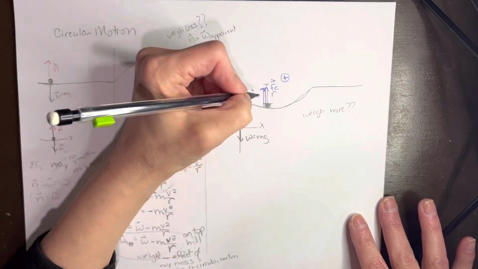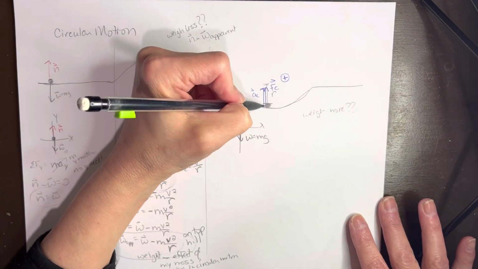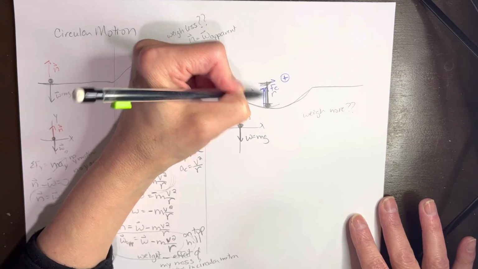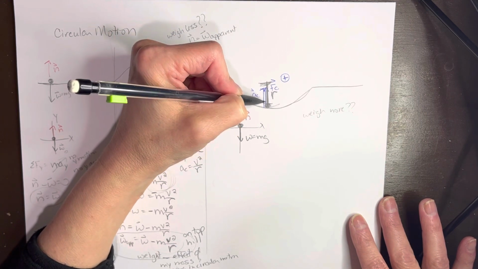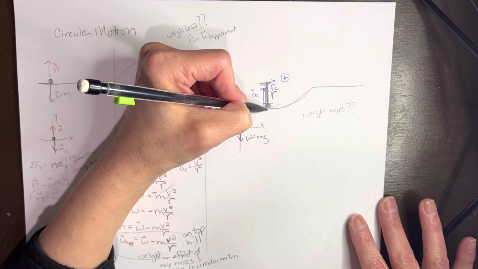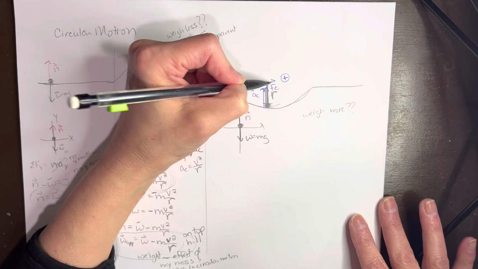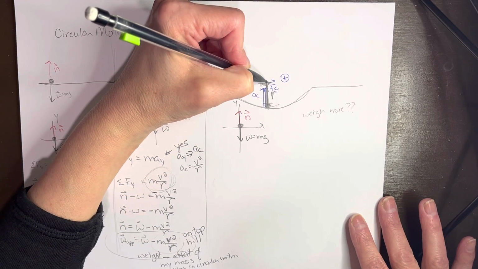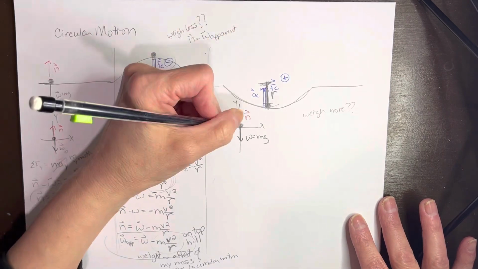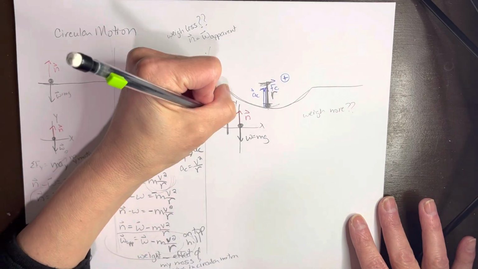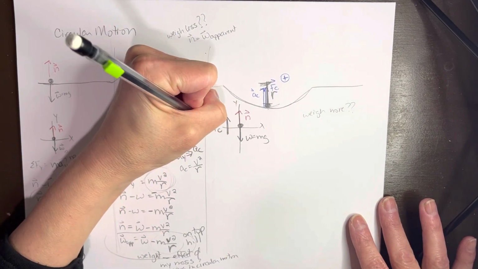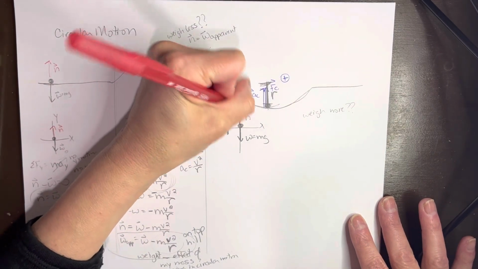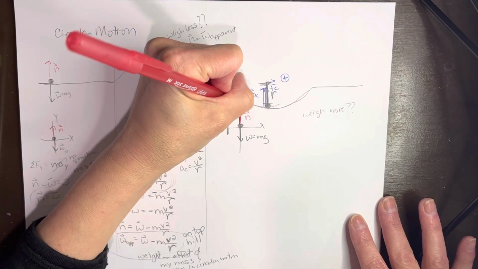But in this particular case, I am at the bottom of a curve. Here is the radius of that curve right here, a distance up above me. Anytime you're in circular motion, the force is directed to the center of the circle, in this case up the radius. So my centripetal force is my net force upward, so actually my normal force is going to be much greater.